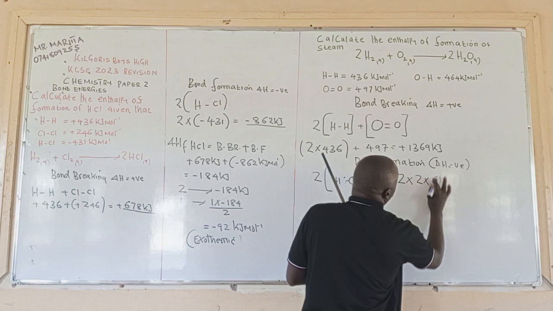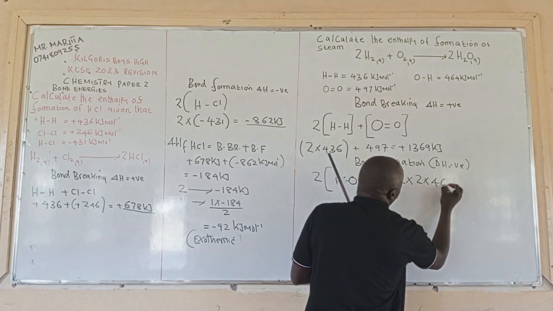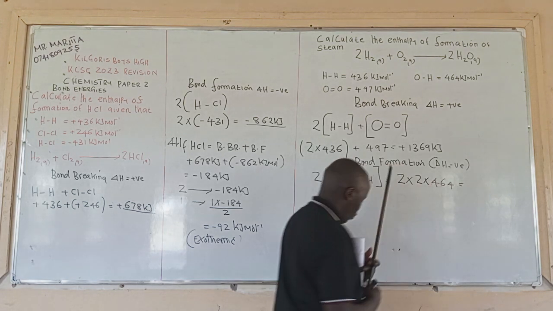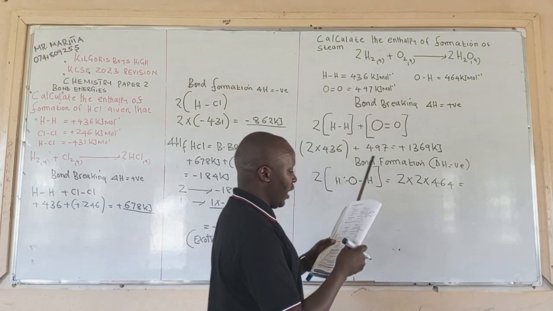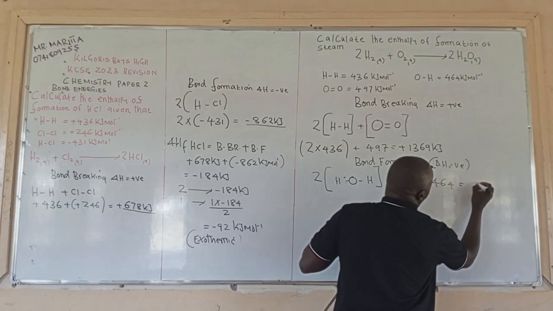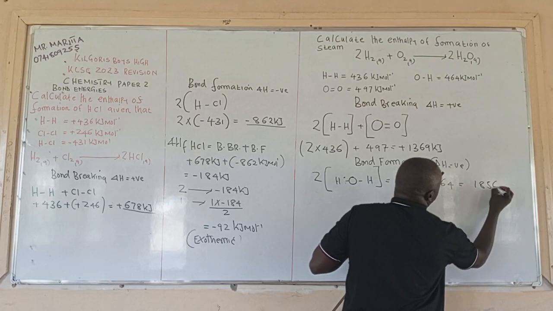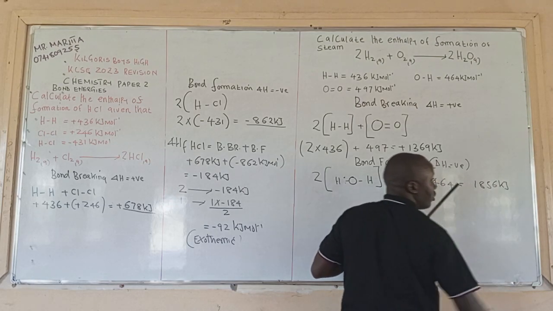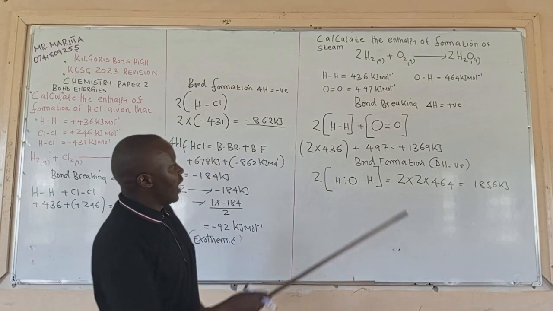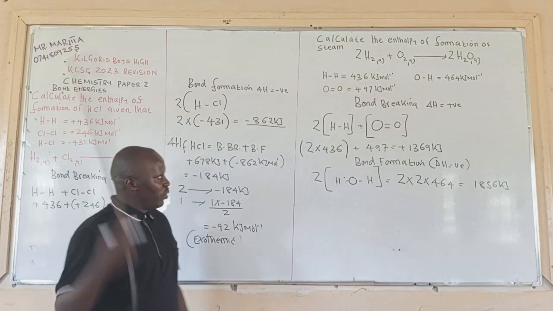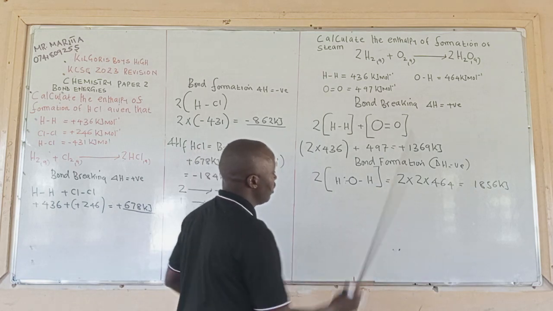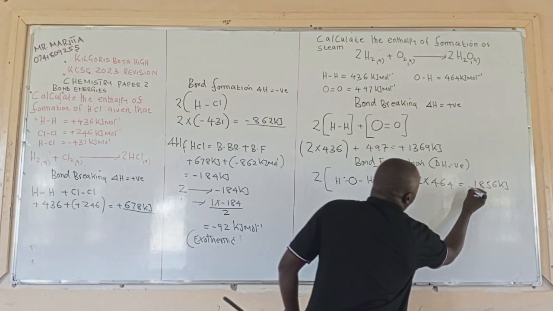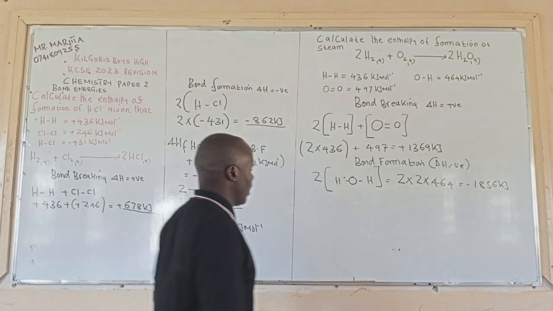So that will be equivalent to 1856 kilojoules. But remember, in bond formation, it is always exothermic, and therefore this value must be negative.